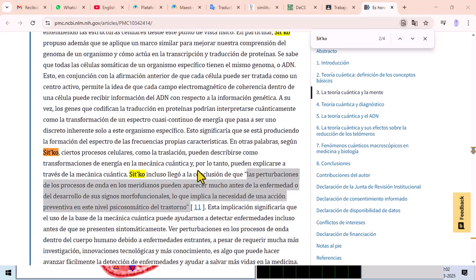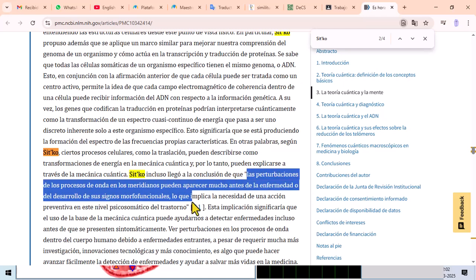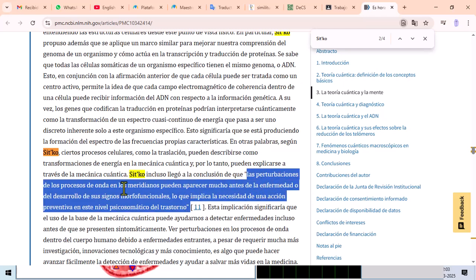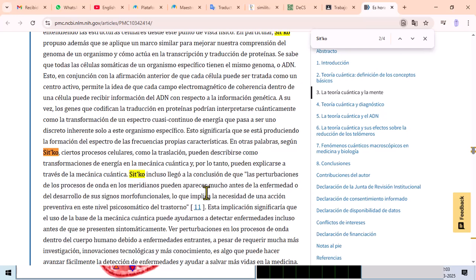And here I want to highlight an important Russian scientist named Sitko. And I'm going to highlight this paragraph. Disturbances of meridian wave processes may appear long before the disease or the development of its morpho-functional signs. What is he saying?